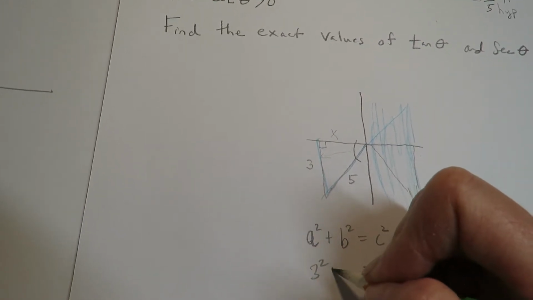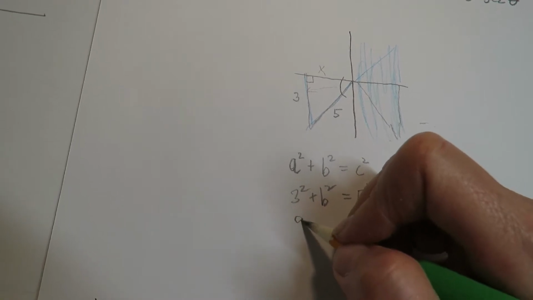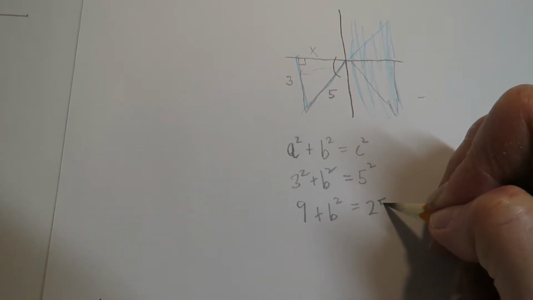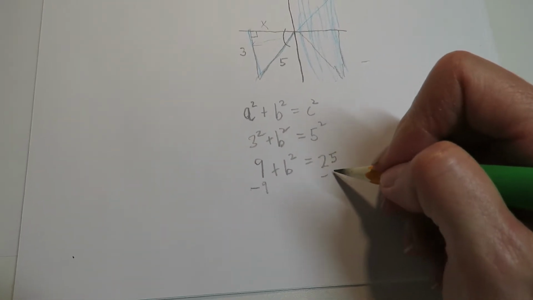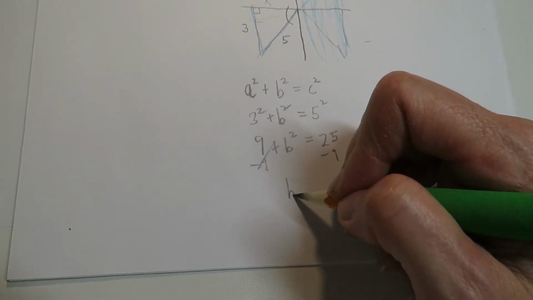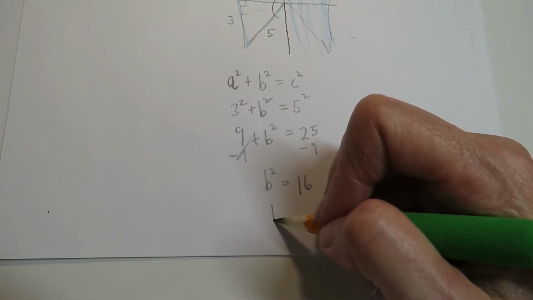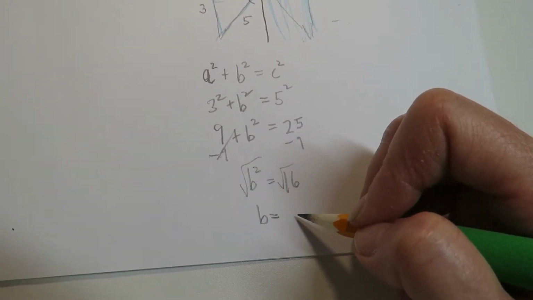Let's say we have 3 squared and we're looking for this other side. This one might be obvious to you, but I want to work it out so that if it's not obvious on the exam, you can figure it out. So I move the 9 to the other side. Then I take the square root, and we don't put a plus or minus because we're dealing with a magnitude here.